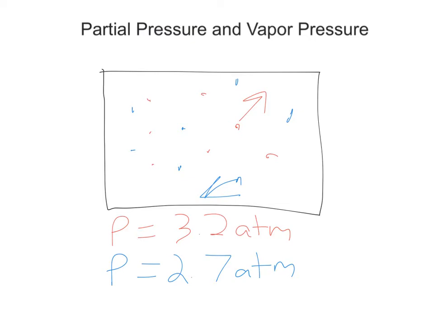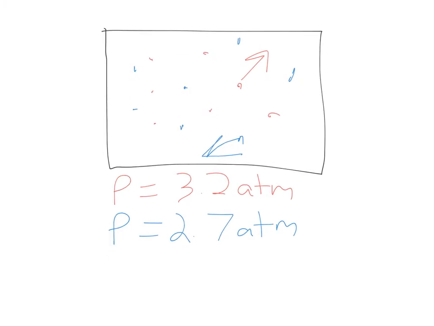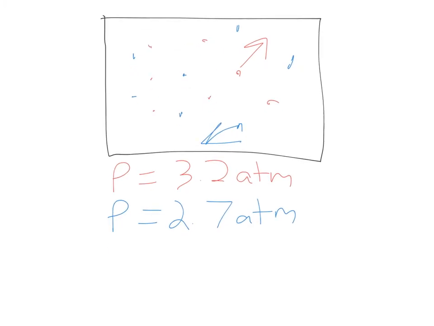So, according to the container, the entire pressure inside there is, P total would be equal to 5.9 atmospheres. That's what the container feels. That's the idea of partial pressures, that they all will add up to one total pressure.